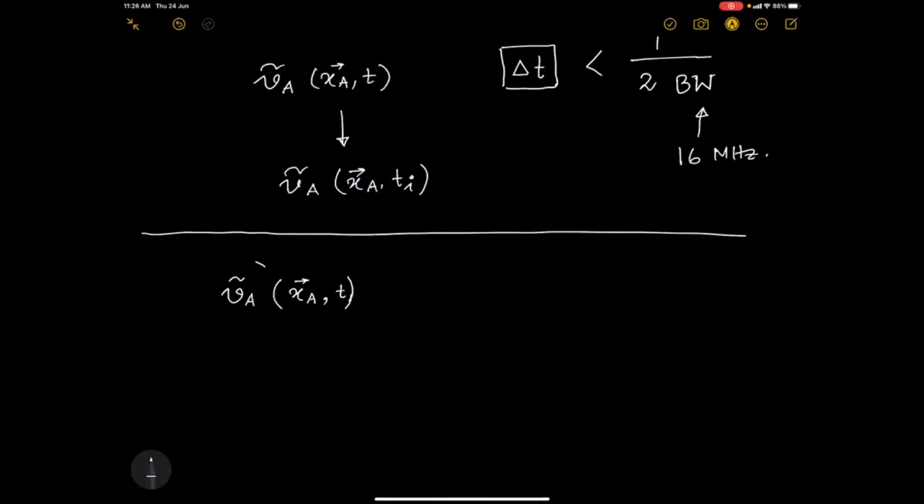So what I do is this: I take the signal from the two different antennas and do this operation, which I call correlation.